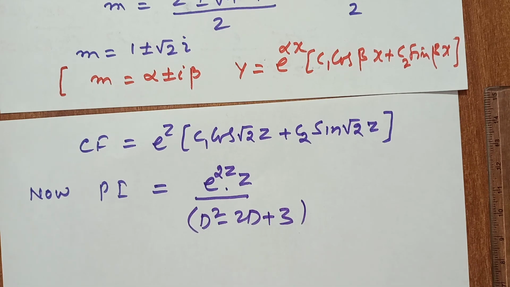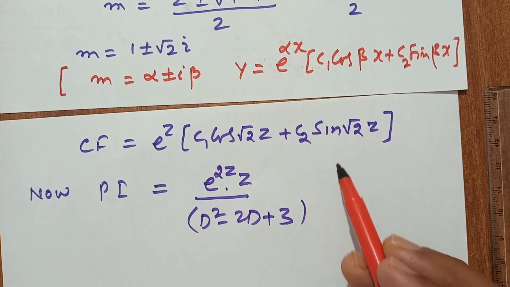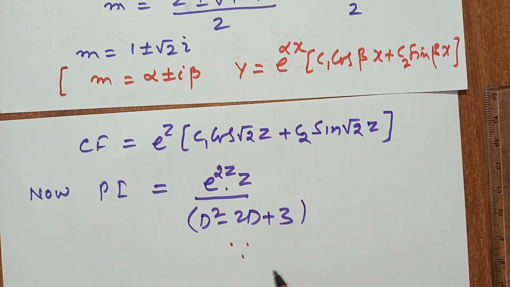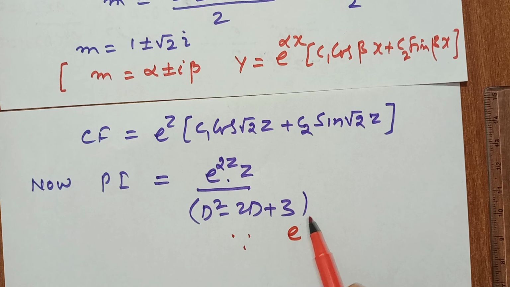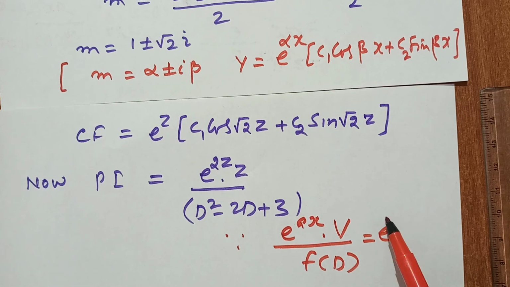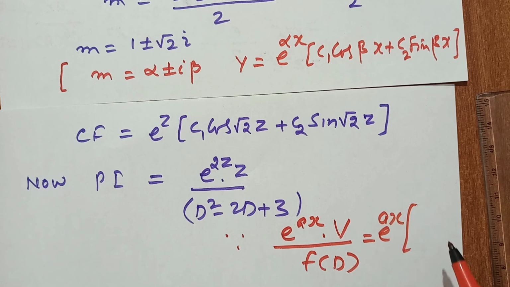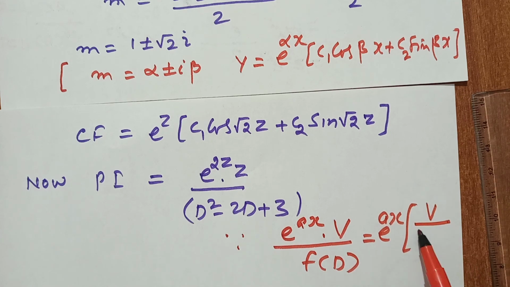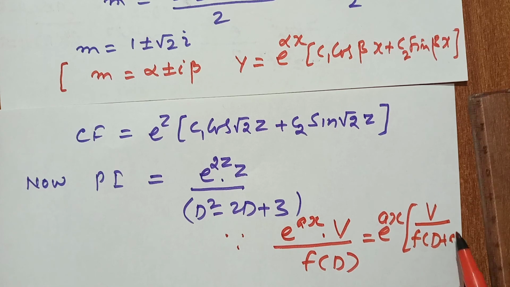As we know, for the particular integral of e^(ax) times V upon f(D), we take e^(ax) outside and calculate the PI of V upon f(D + a).